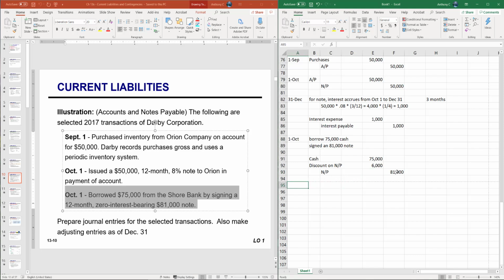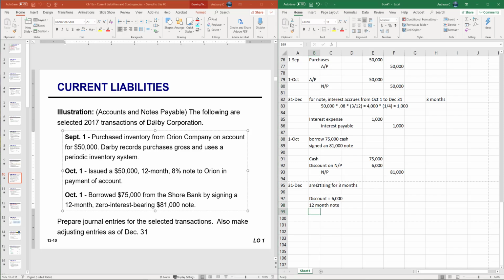Same thing as before, it hits the end of the period, and we need to make our adjusting entries on December 31st. This has the same issue date as the previous note, so we're accruing interest, or amortizing, for 3 months. In this case, our discount is $6,000. The life of the note is 12 months.